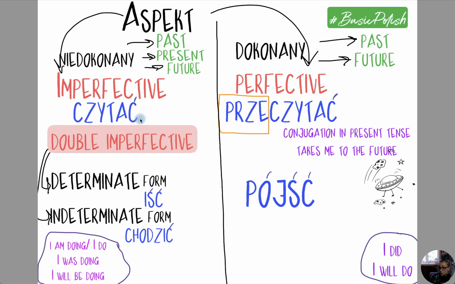It's a grammatical phenomenon linked with verbs. We know that the majority of verbs in Polish have partners, perfective and imperfective partners, so they work in, let's say, tandems, right?